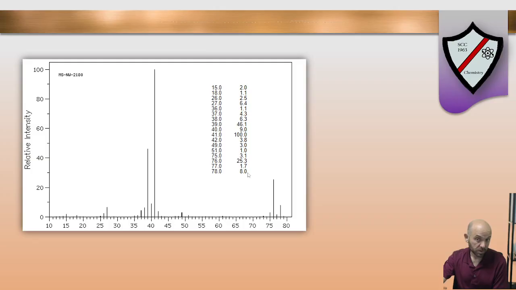So 8 times 3 is 24. It's really close to exactly 1/3 of the molecular ion peak. So I feel really comfortable in assuming that there is a chlorine on this molecule.